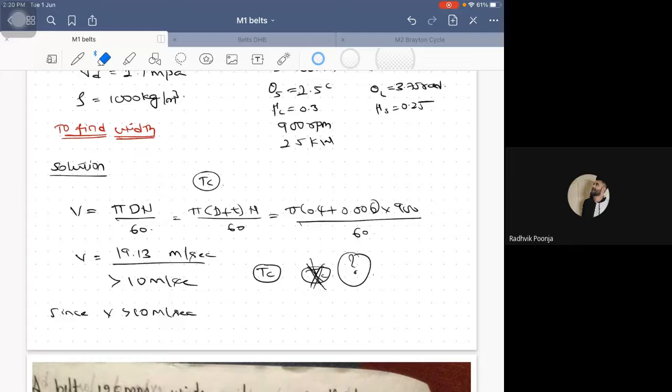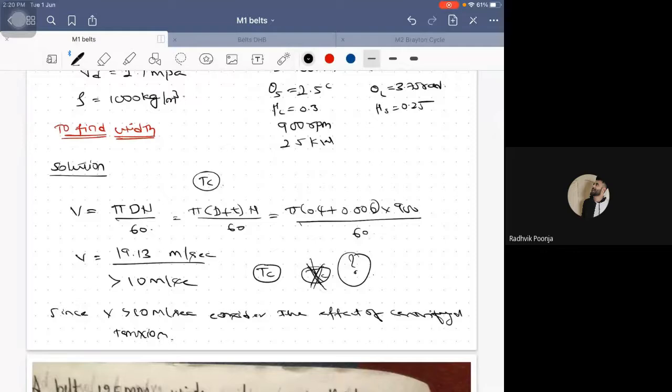You confuse me also. Consider, correct. So since the value of V is greater than 10 meters per second, we need to consider the effect of centrifugal tension. So the effect of centrifugal tension has to be considered there.